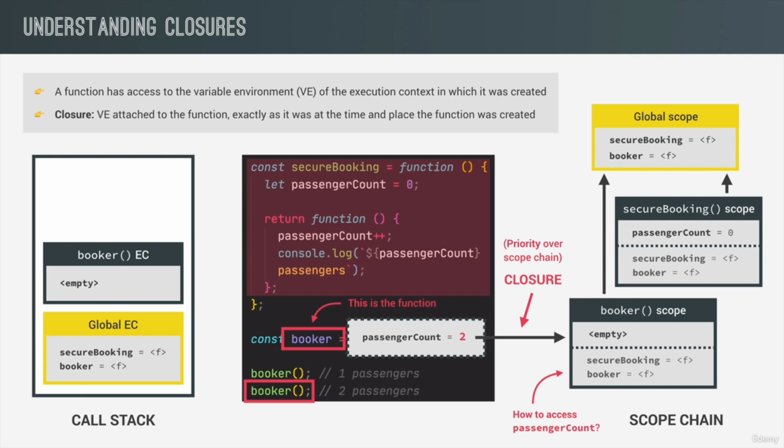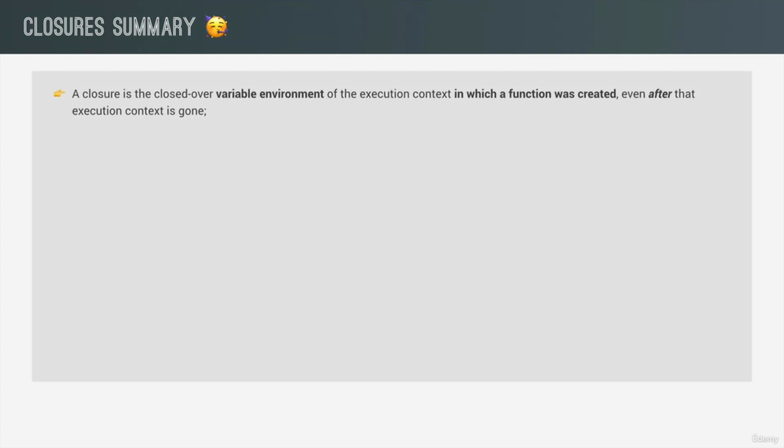And I know that this is all quite complex, so let me give you a couple different definitions of closure now, some more formal ones and some more intuitive and maybe easier to grasp. And the most formal definition of closure is the one we already saw, which is that a closure is the closed over variable environment of the execution context in which a function was created, even after that execution context is gone.